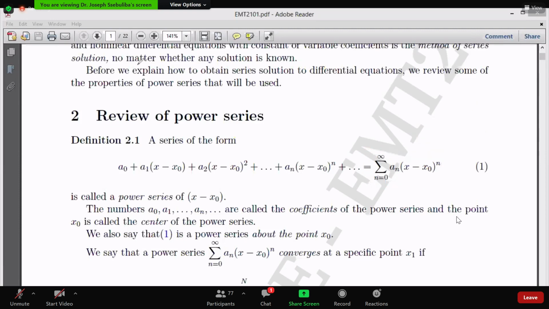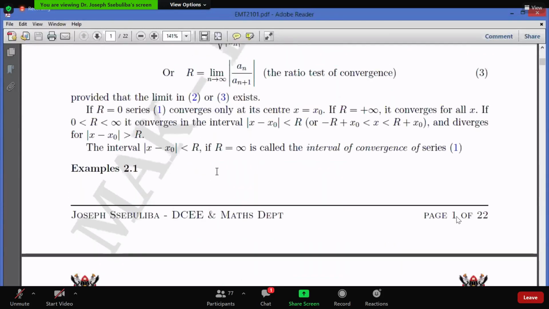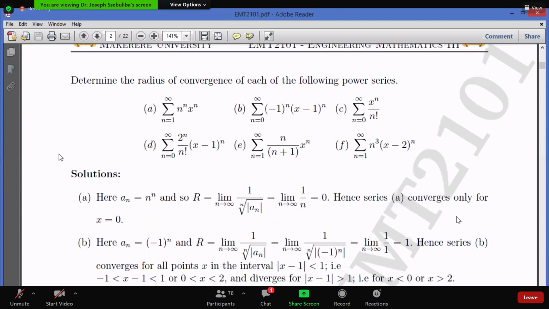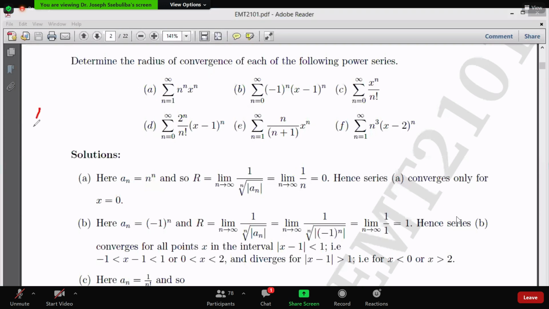Remember, we have the sum as n moves from 0 to infinity.